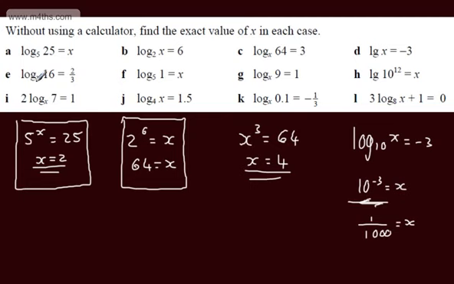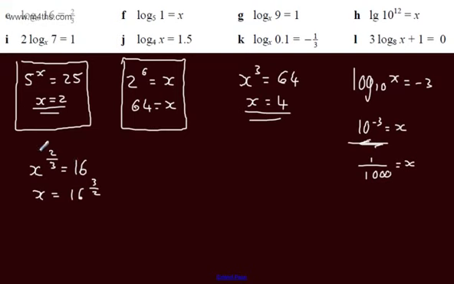Okay, what number do we raise to the power of 2 over 3 to get 16? Well, what we could write now is x to the power of 2 over 3 is equal to 16. Therefore, x is going to be equal to 16 to the power of 3 over 2. All I'm doing is essentially solving an equation. I've just raised both sides, and we looked at this in an earlier unit on the rules of indices. So I need to take the square root and cube it.